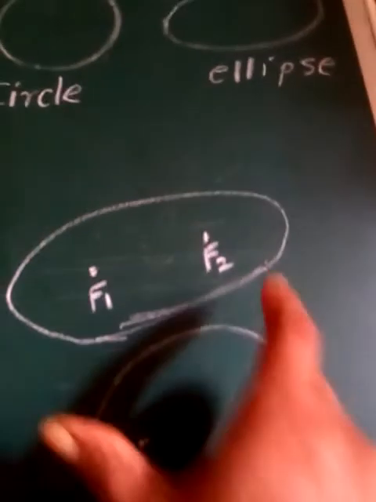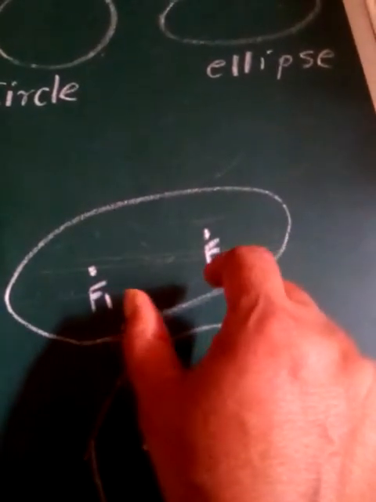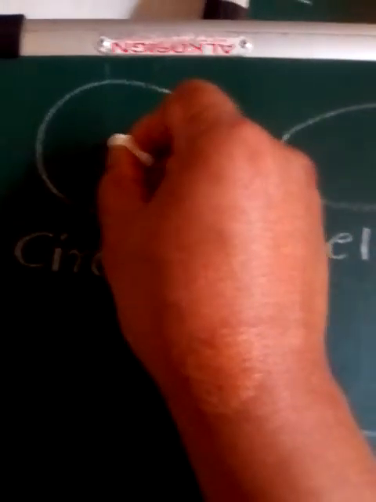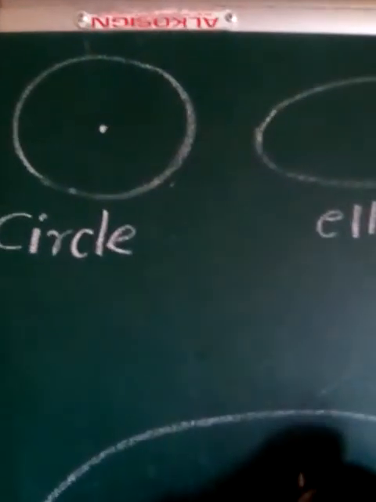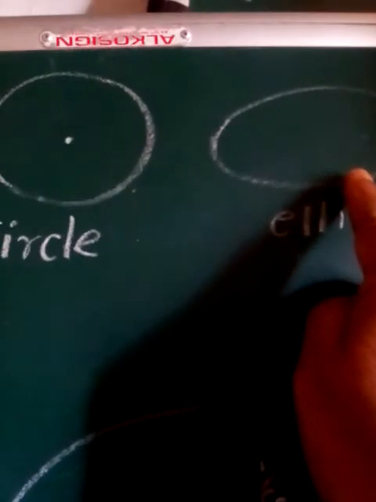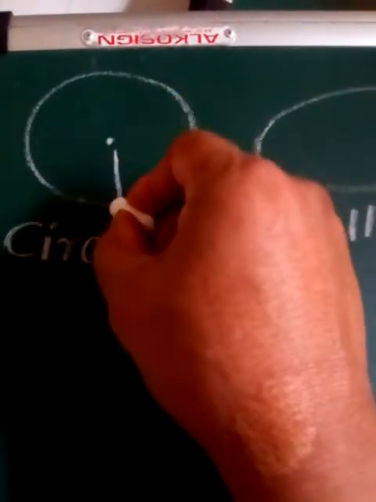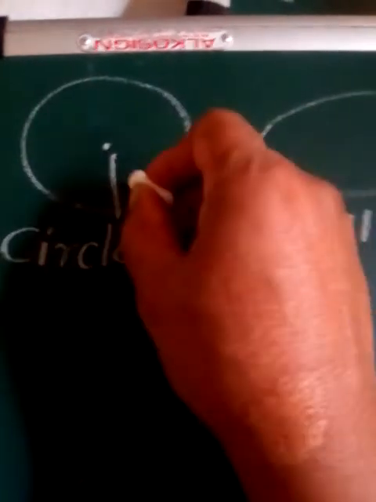So like that, if the foci come near and near and near, finally there will not be two foci but one center, and it will be a circle. And area of this circle and area of this ellipse is same. Then we can say that this distance r is the mean distance from the focus.